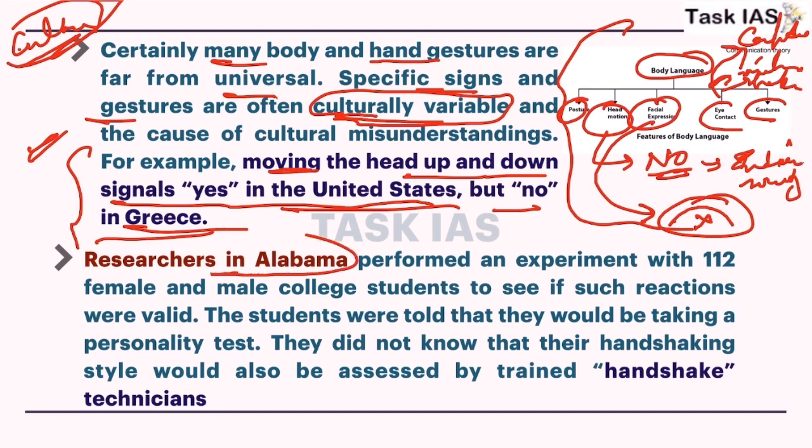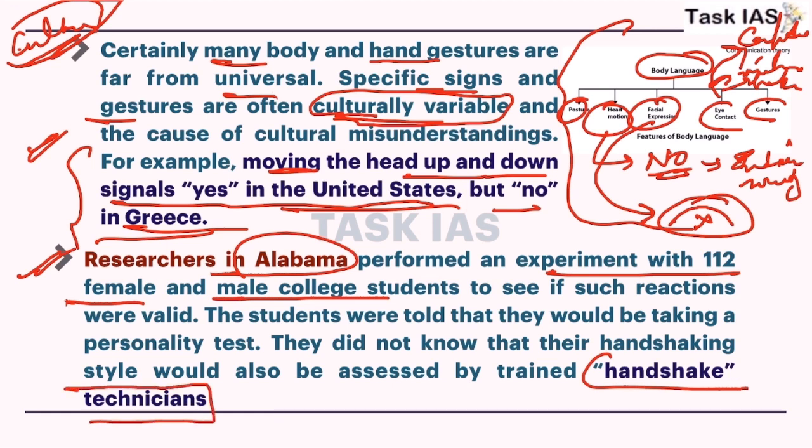Researchers in Alabama, this is again a study, performed an experiment with 112 female and male college students, and they observed different handshaking patterns. So it shows that if a girl is more open minded and more overt and expressive, then she will have a warmer handshake with an opposite sex person, and this was opposite in the case of low self esteem, less socialized girls.